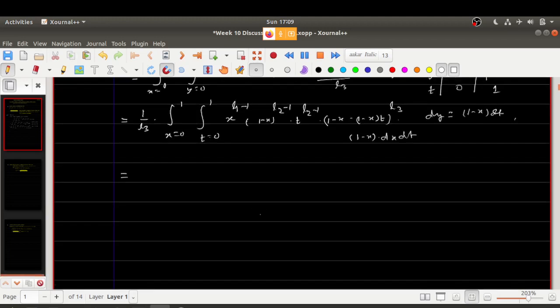Now if you simplify all the terms, it turns out to be x equals 0 to 1, t equals 0 to 1, x power L1 minus 1. Let us combine all the terms: 1 minus x whole power L2 minus 1, t power L2 minus 1.